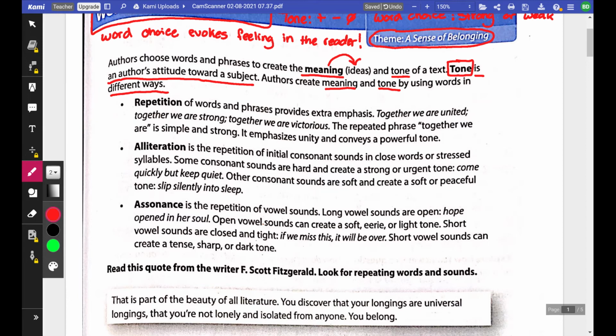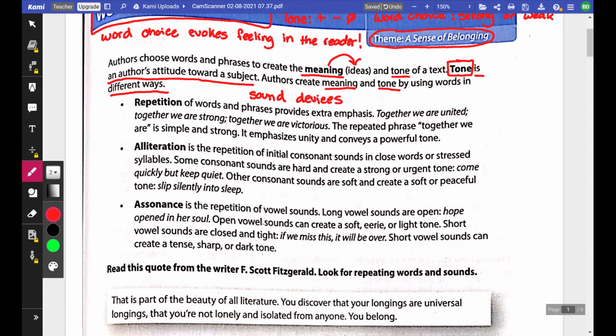So, down below, we have 3 bullet points. These 3 different bullet points are some ways the authors can create meaning and tone. So, you have taken source book notes on these by now. So we're going to take a little time, break these 3 apart and really look at them. So these 3 I will go ahead and tell you, all of these are different types of sound devices. So you may be thinking that sound devices can only be used in poetry.